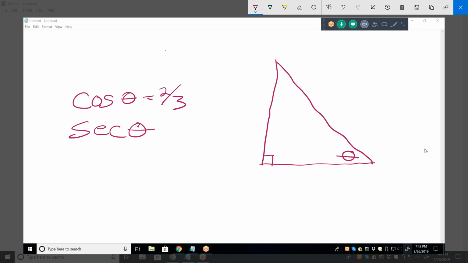Based on cosine of theta being equal to 2/3, and SOHCAHTOA, give me two sides of that triangle. What's the adjacent side going to be? The bottom part.